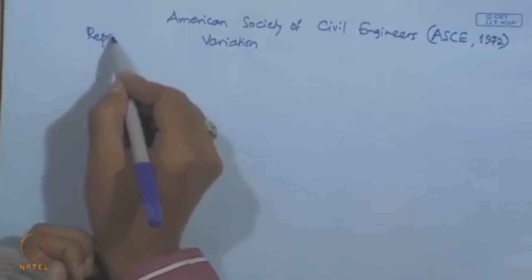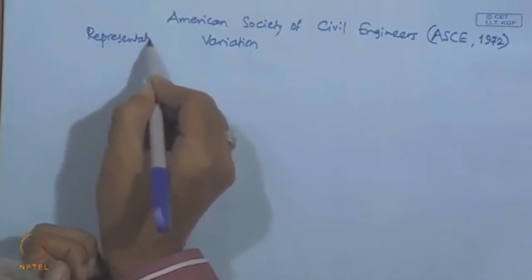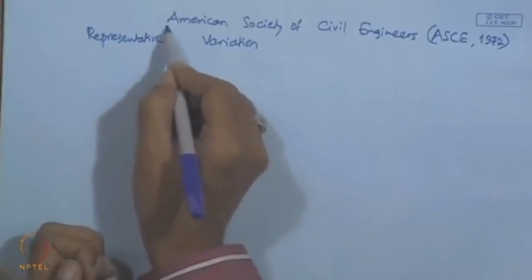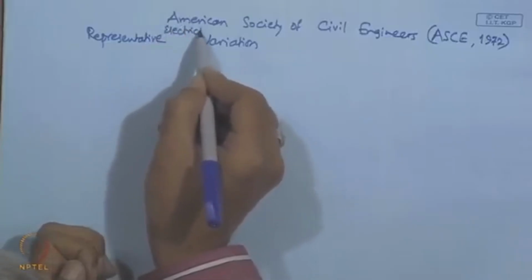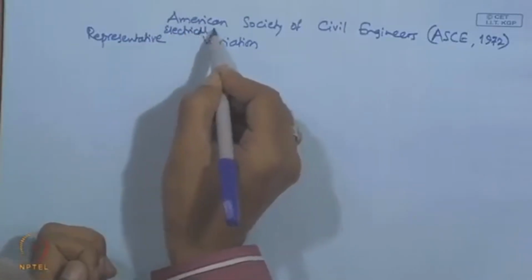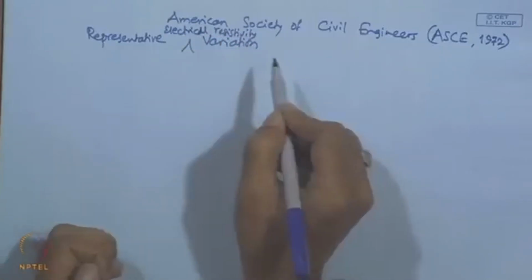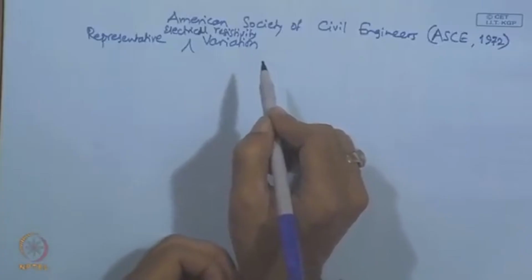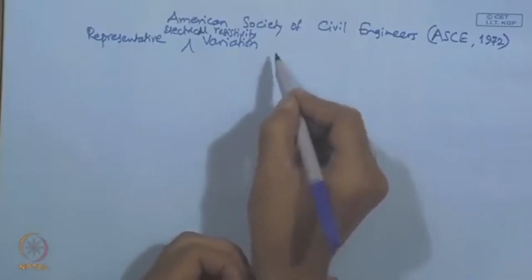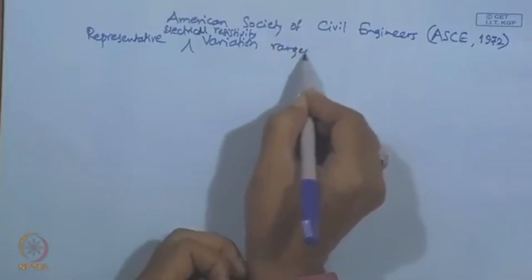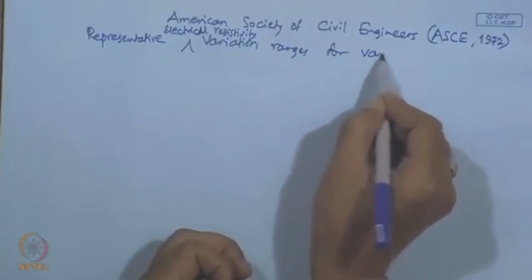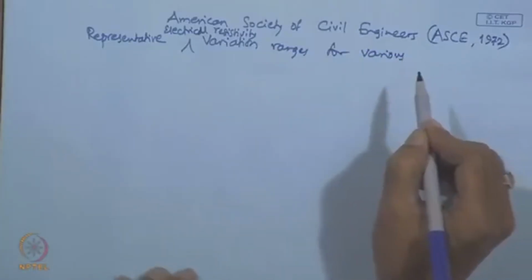So this is the representative electrical resistivity variation ranges for various formations.